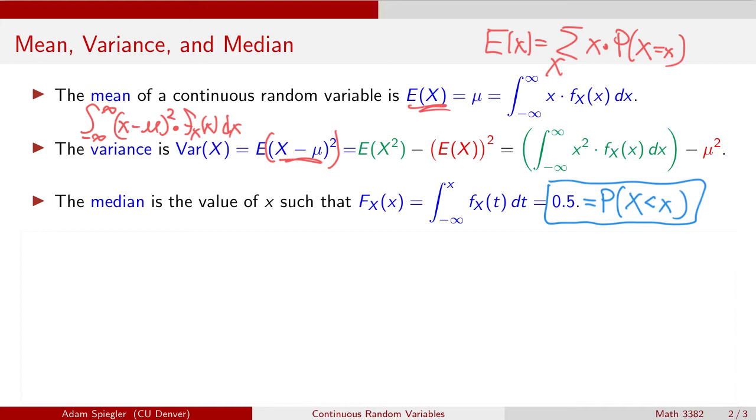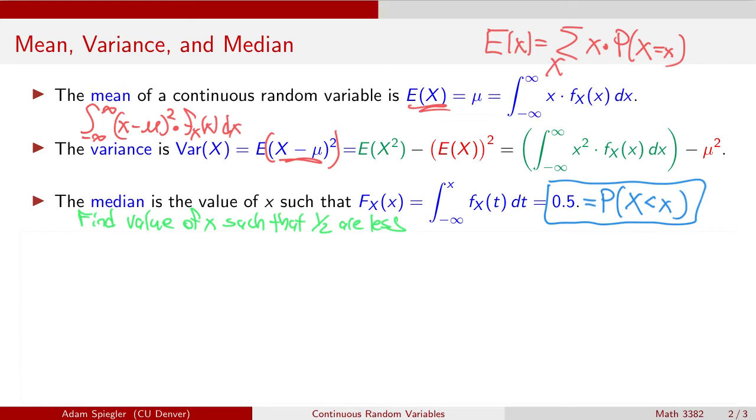And so another way that we could describe this is saying we want to find the value of x such that 50%, one half, of the values are less than it. So really, this is going to be the value of the random variable that divides the data in half. So half of the values of x are less than it, half of the values of x are greater than it.